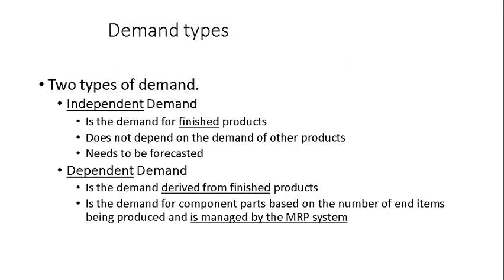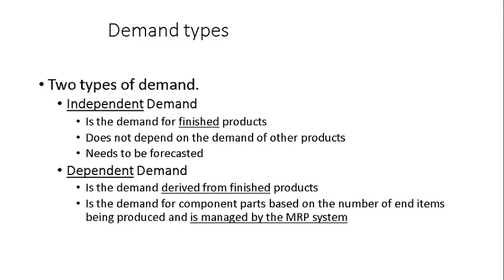We have to distinguish between two types of demand. The first one is the independent, that is the demand for the finished products. It does not depend on the demand of other products that might be produced, and this needs to be forecasted. Dependent demand, on the other side, is demand that is derived from finished products.